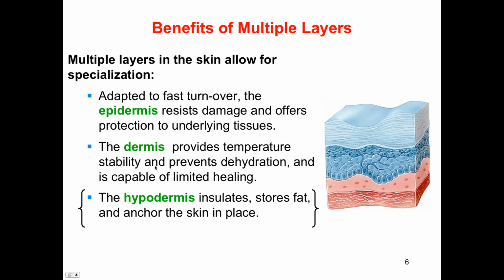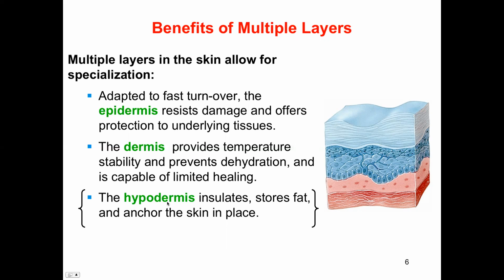A lot of your nerve endings are there, and your hair and your nails all grow out from the dermis. So these different layers have these different functions. And then finally the hypodermis: insulating, storing fat, and anchoring the skin in place. But of course, remember, the hypodermis is not considered part of the integument, all right? So it's just the epidermis and the dermis.